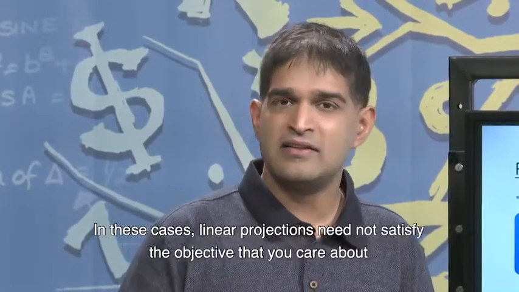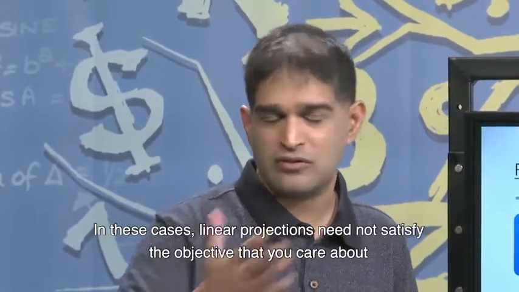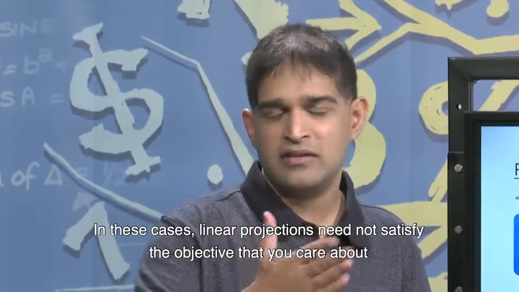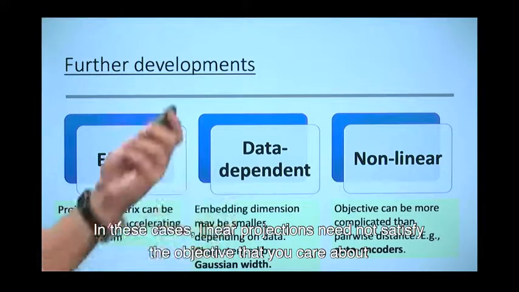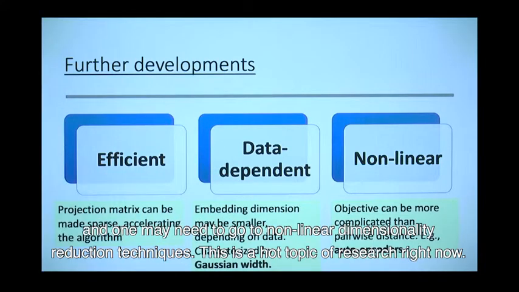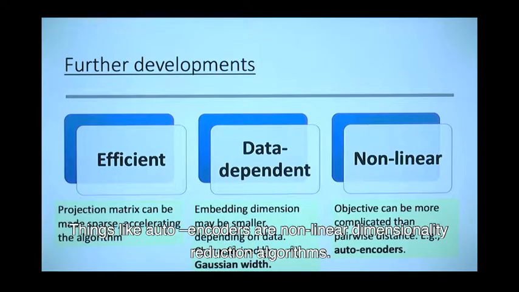In these cases linear projections need not satisfy the objective that you care about, and one may need to go to non-linear dimensionality reduction techniques. This is a hot topic of research right now. Things like autoencoders are non-linear dimensionality reduction algorithms.